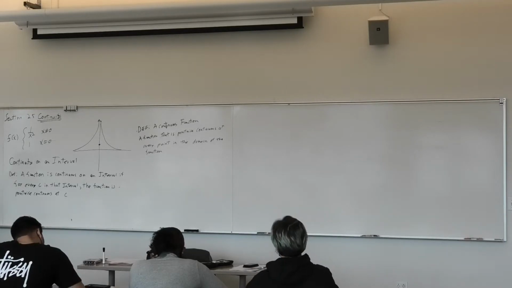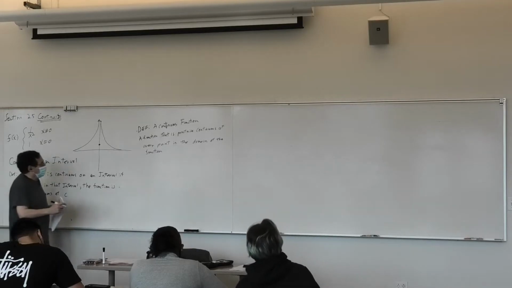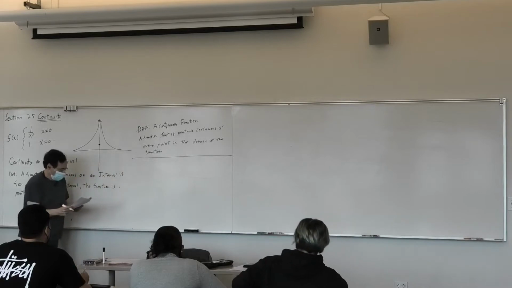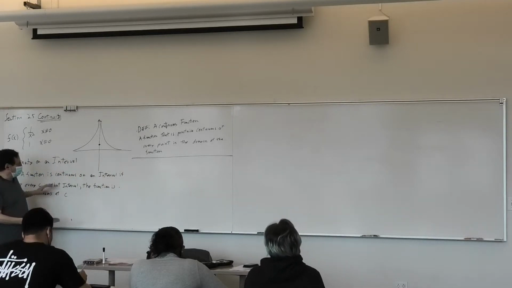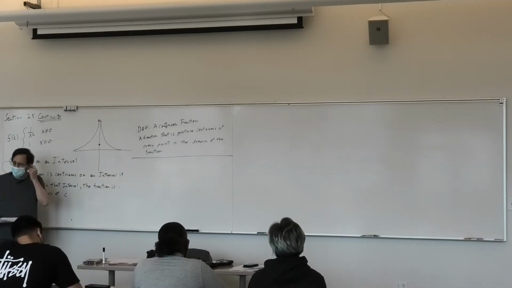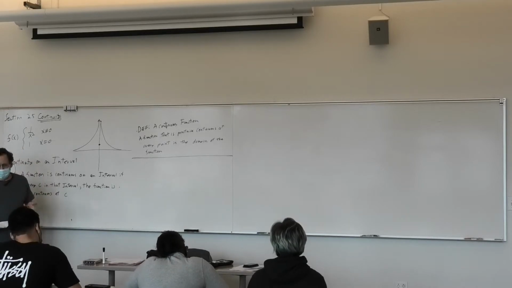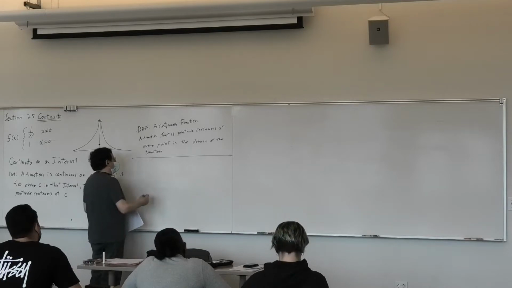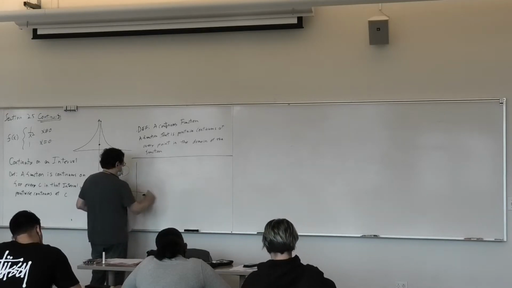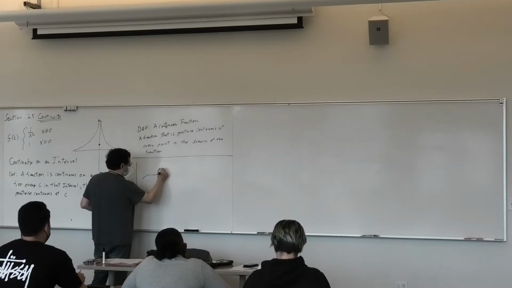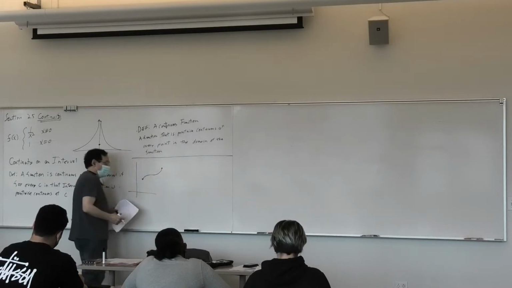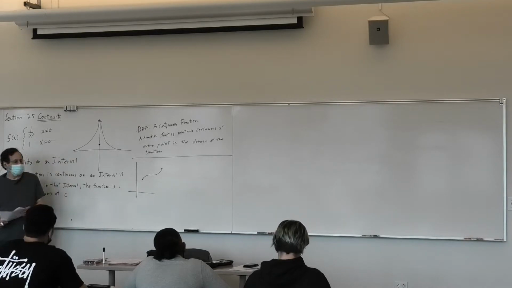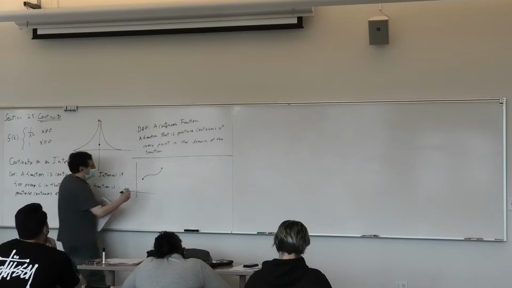Now, before we look at some examples of continuous functions on intervals, I want to just say I am cheating a little bit here. Say I have some function and I define it on some interval, and I say it's a continuous function, some f of x.